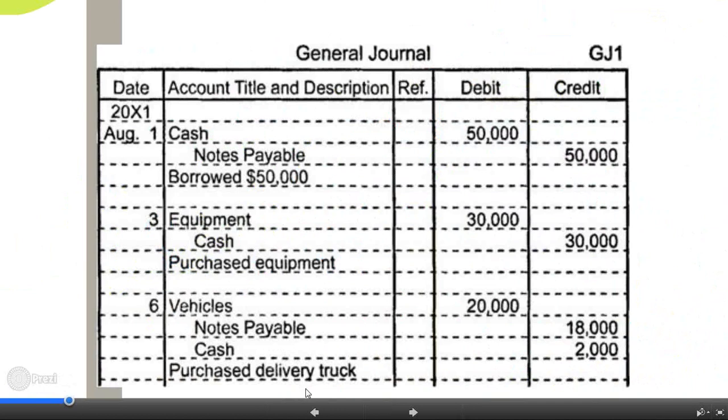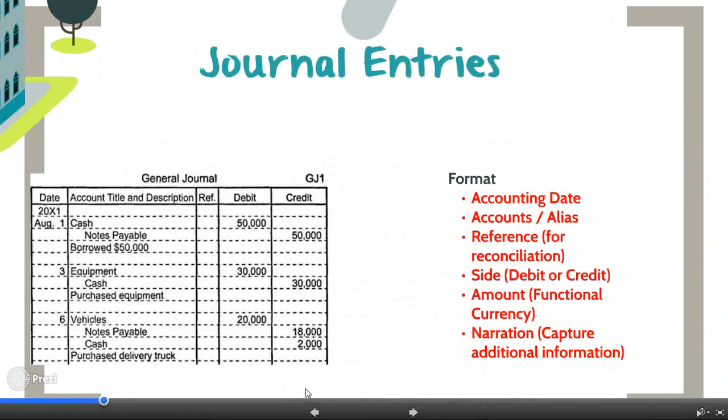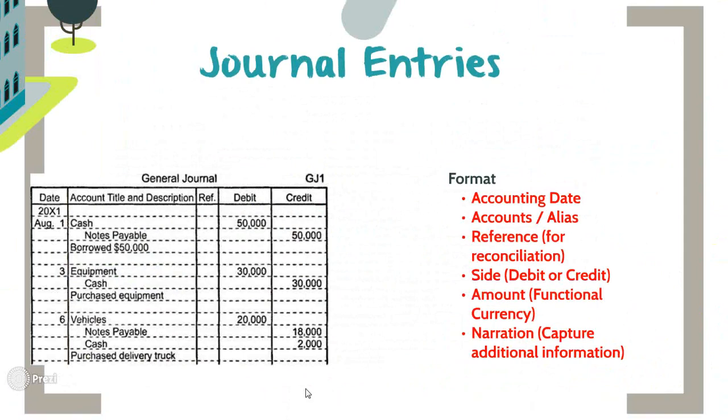There will be a date, the accounting date, where we say on which date this journal entry is passed. Second thing we require is account or any alias. Alias means you might be using a short version of the account, or any other names which you prefer in the organization to use against the account.